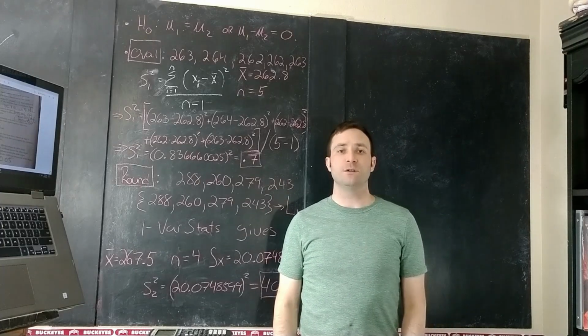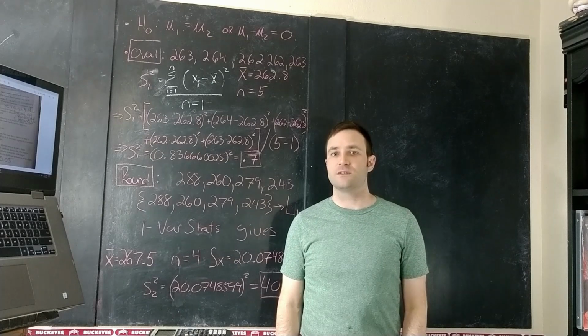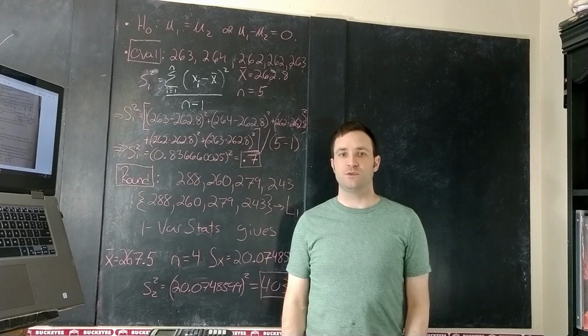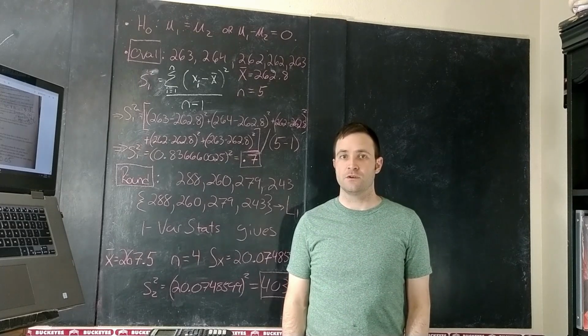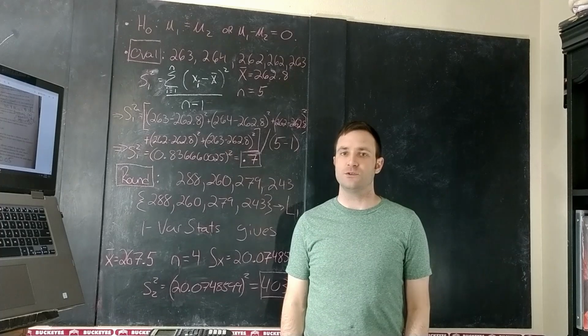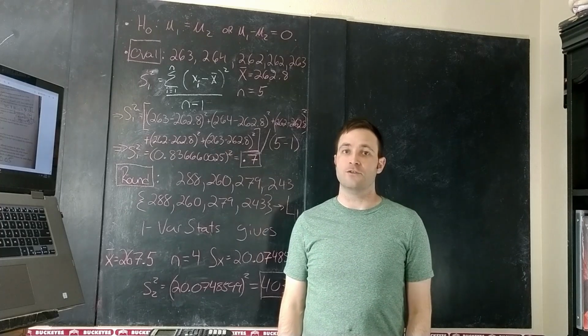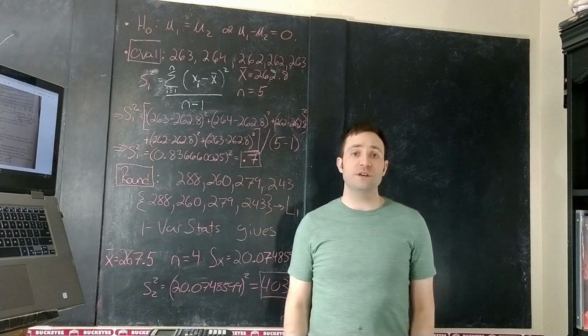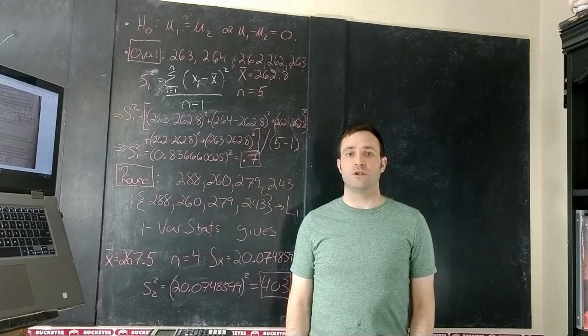Okay, so we've developed our null hypothesis. It states that the two population means are equal, or in other words, that the difference between the means of the two populations is equal to 0. So what tool are we going to use to assess our null hypothesis? Well, in chapter 10, we've been given 3 tools that are related to our null hypothesis.